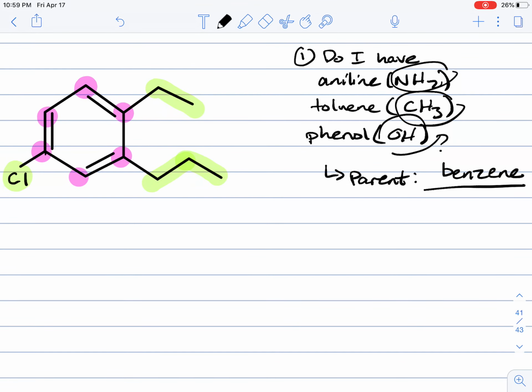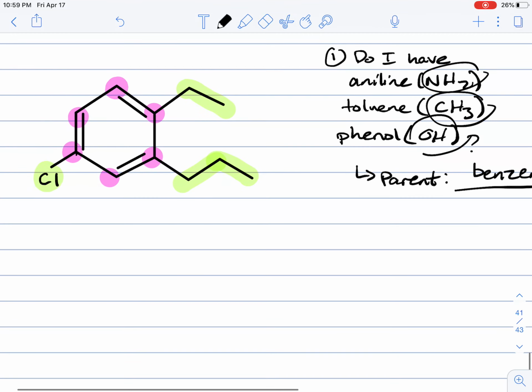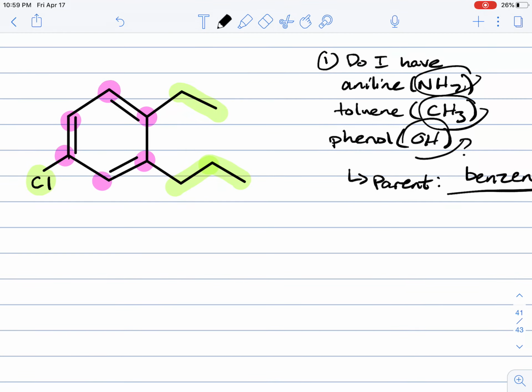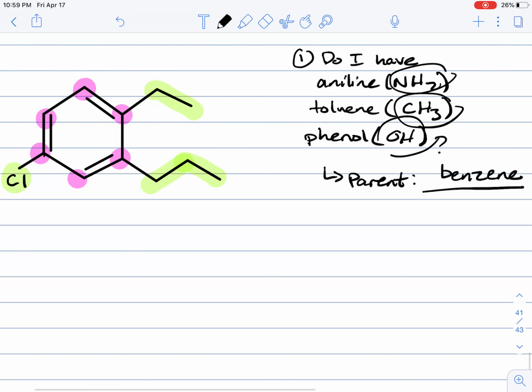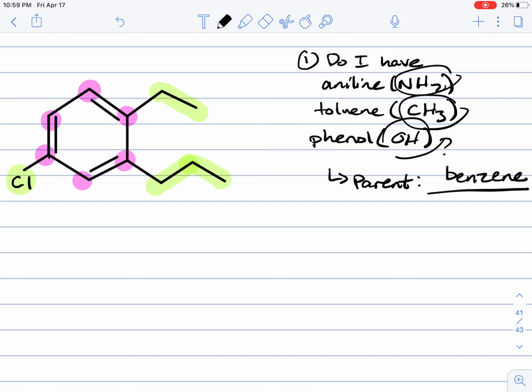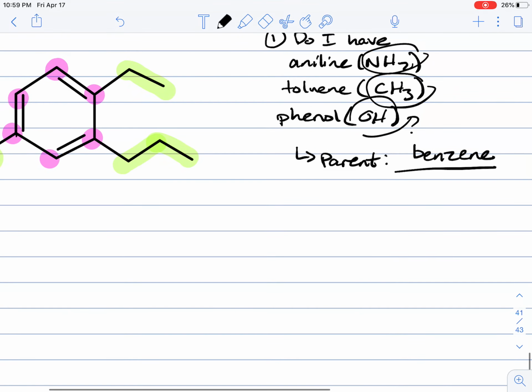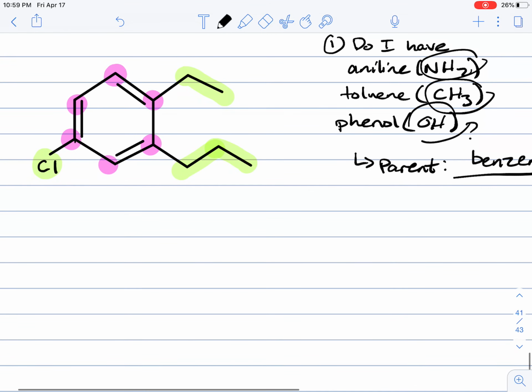And now all we have to do is just figure out which one is going to be carbon number 1, carbon number 2, carbon number 3, carbon 4, etc. We're also going to have to figure out the substituents, which we kind of already did.